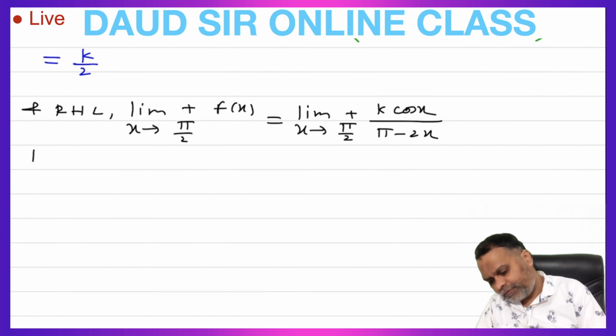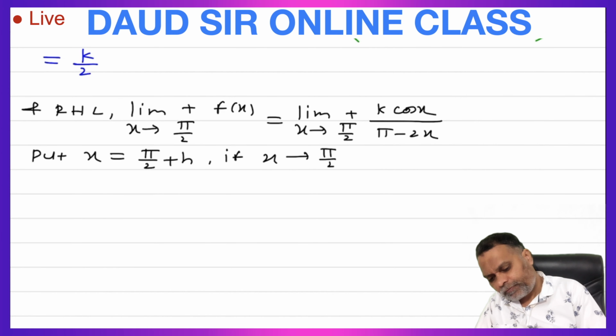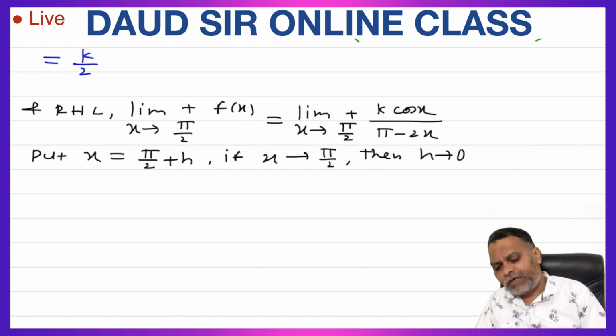For right hand limit, we have to put x is equal to a plus h. Here a is equal to pi by 2. So put x is equal to pi by 2 plus h. Change tends to, if x tends to pi by 2, then h tends to 0. How? Put this pi by 2 plus h here, pi by 2 plus h tends to pi by 2, pi by 2, pi by 2 cancelled, h tends to 0.